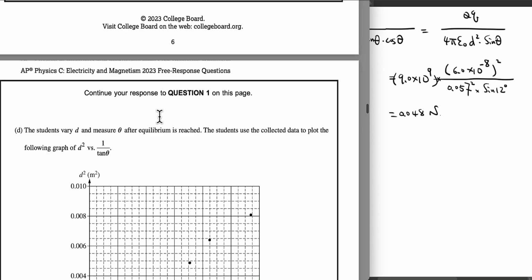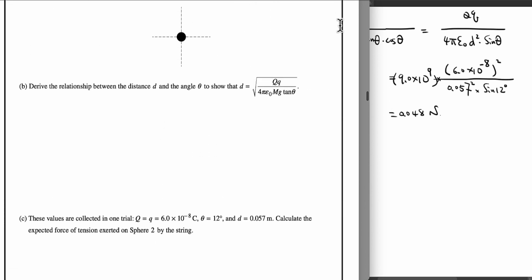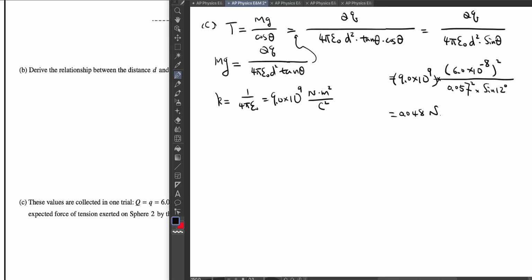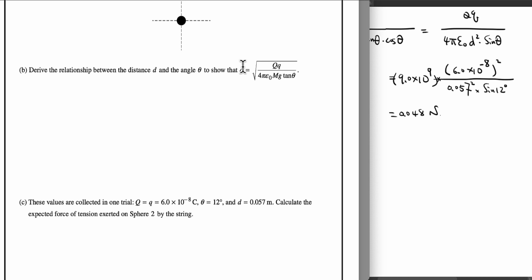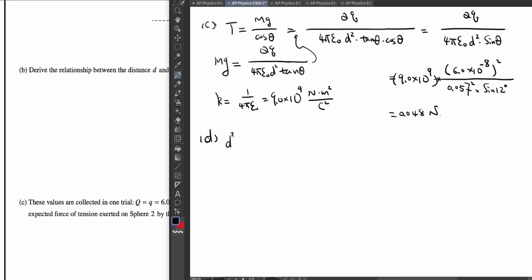So let's look back at question B, where we have the relation between D and theta. So if I square the two sides, I will get D squared equals QQ over 4 pi epsilon naught mg, and then there's a 1 over tangent theta.